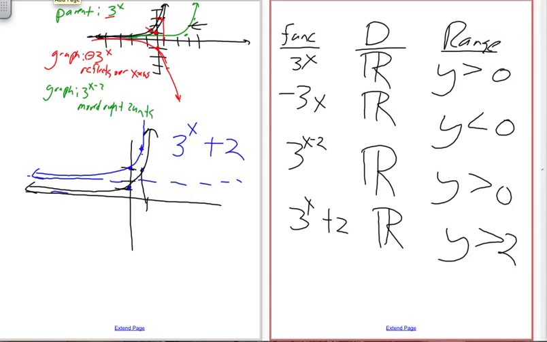So your asymptotes, take a look: my asymptote for the first one is at y equals 0. My asymptote for this one is at y equals 0. My asymptote for this one is at y equals 0. My asymptote for this one is at y equals 2. And I hope you can see the pattern here.